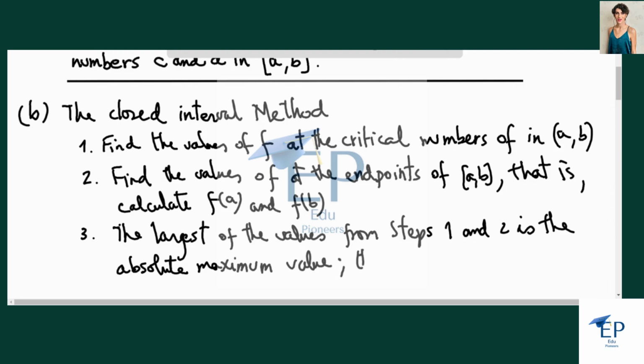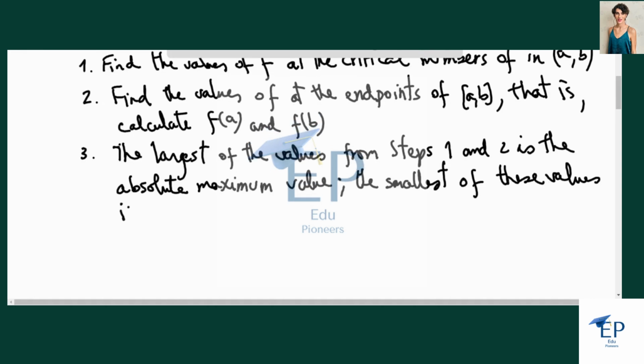And the smallest of those values is the absolute minimum value of the function on the closed interval.